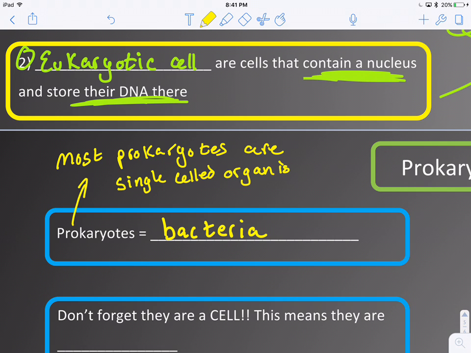Think about yourself. You are made up of many, many cells. Bacteria are one cell. Bacteria are not made up of anything more than just one cell. That's it. That's why they're prokaryotic. They're made up of this one cell that doesn't contain a nucleus.